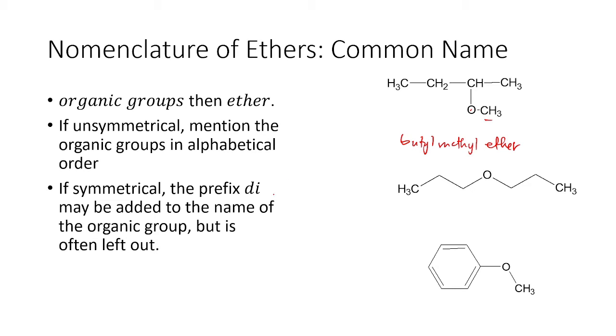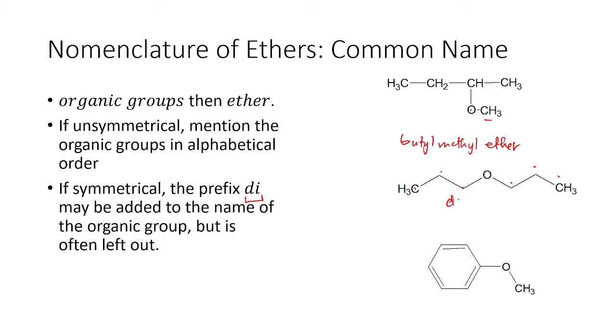And for symmetrical ethers, we will be using the prefix di before the word ether. For example, we have here one, two, three, so that is propyl. Again, on this side, we have one, two, three. Again, that is propyl. Meaning we have two propyl groups, one on each side of the oxygen.